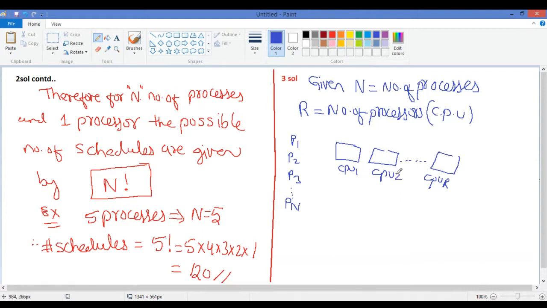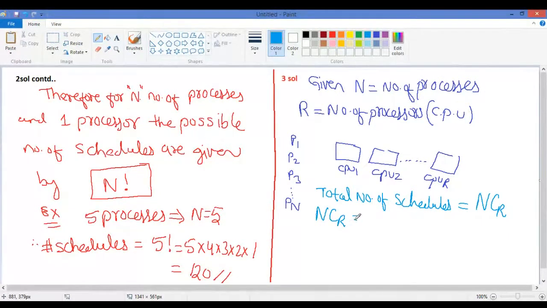So with the permutations and combinations knowledge, we know that if there are n processes and r number of resources and how to schedule them, the total number of schedules is equal to nCr. I think you know the formula. What is nCr?